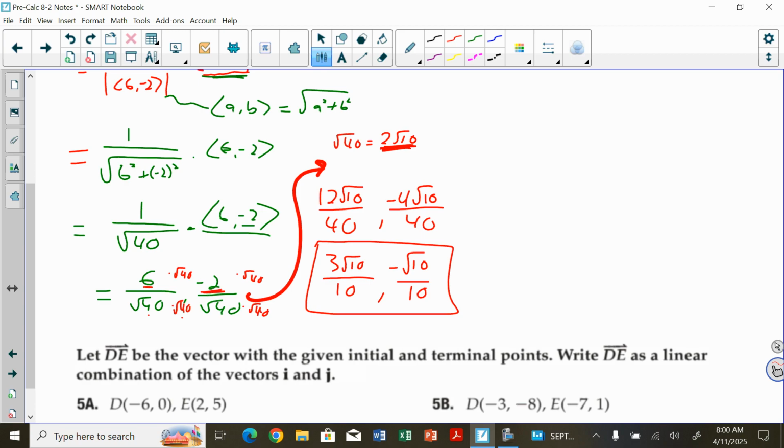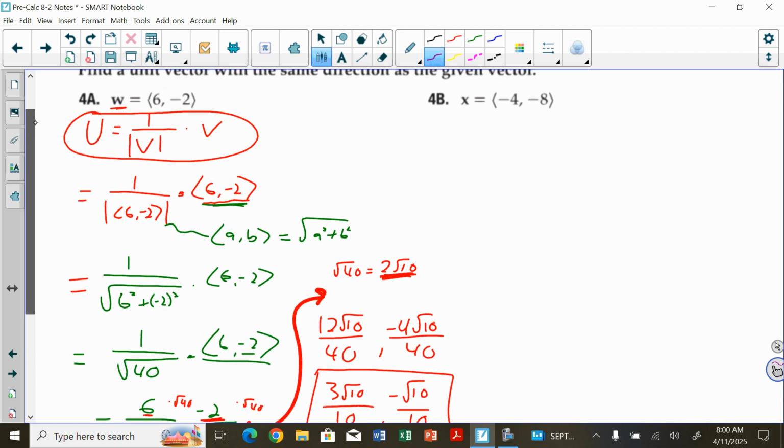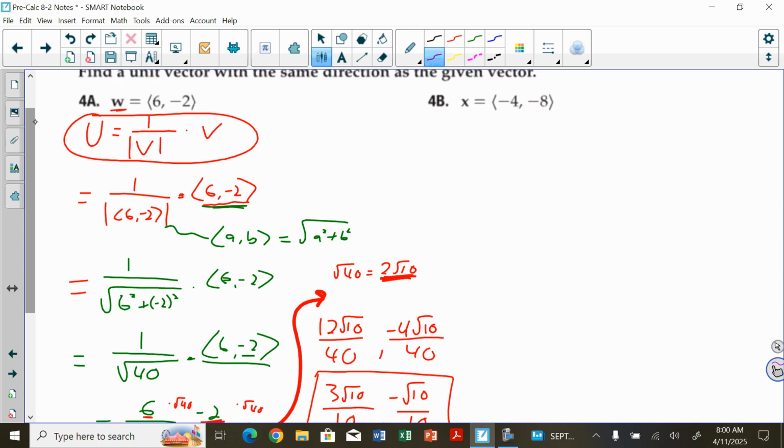Okay? All right, let's do the other one. And maybe we can go a little faster through some of the early stuff. So what I'm going to do is the unit vector. I'm saying 1 over the magnitude of this that they gave me, times negative 4, negative 8.